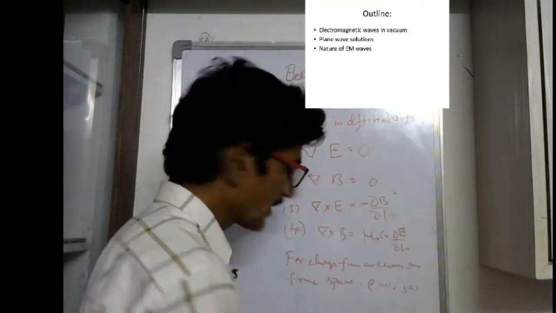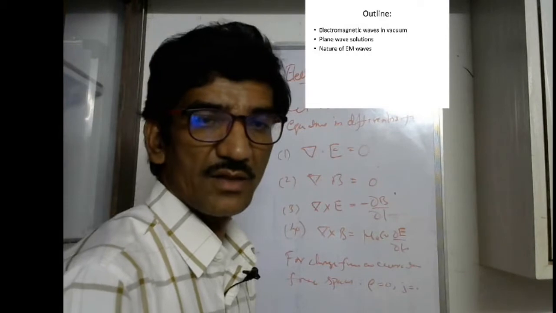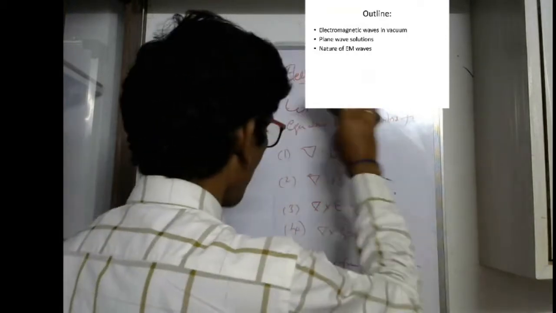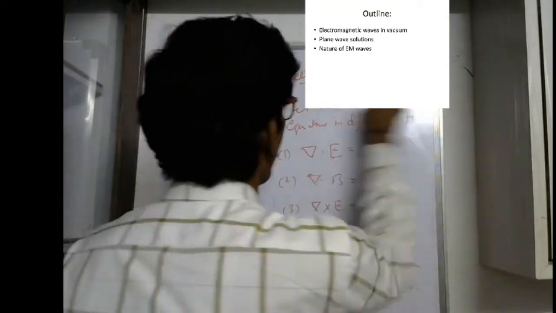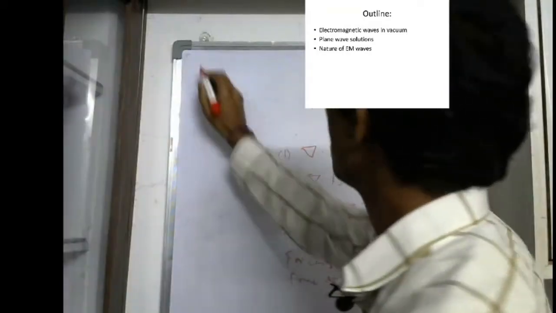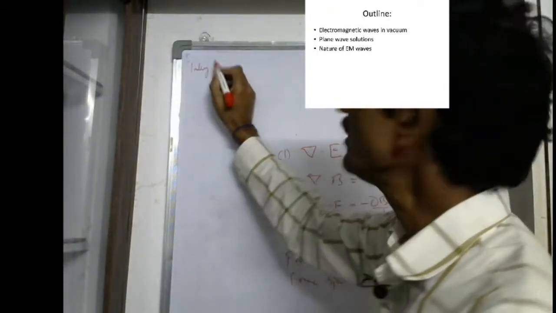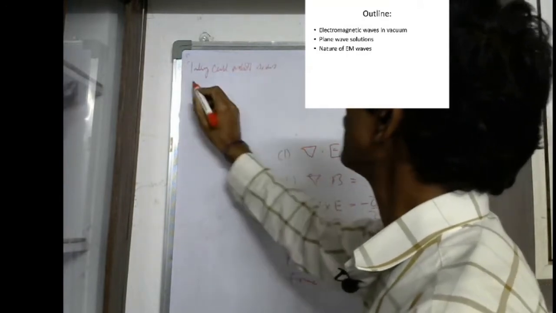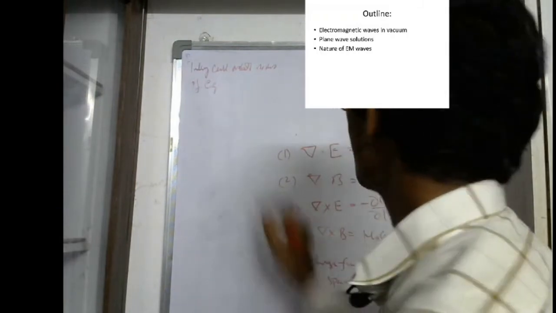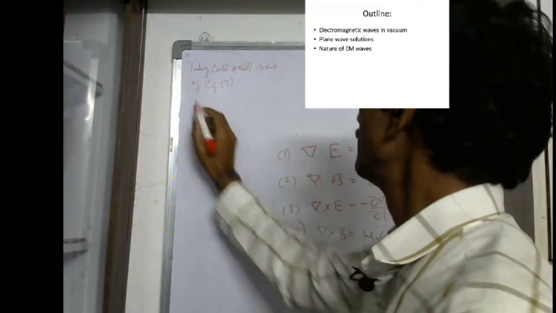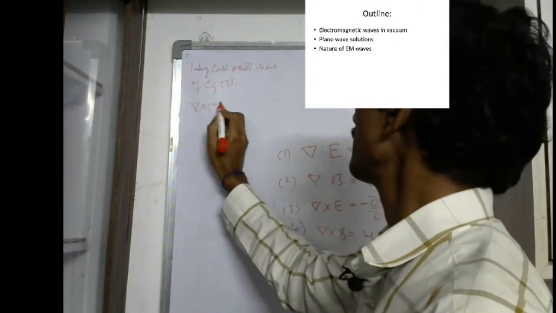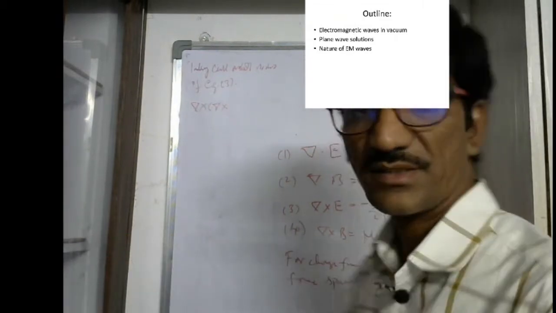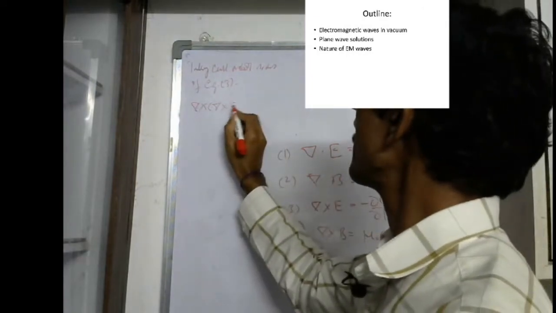Taking curl on both sides of equation 3: del cross del cross E is on one side.